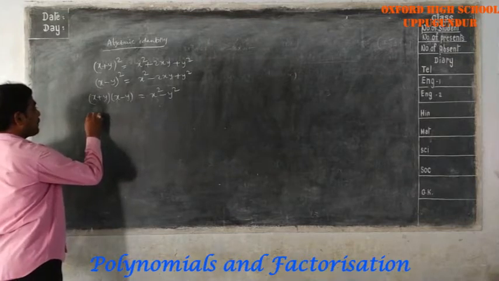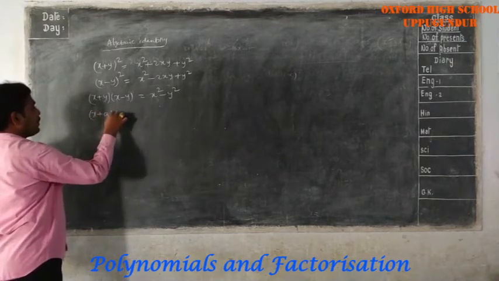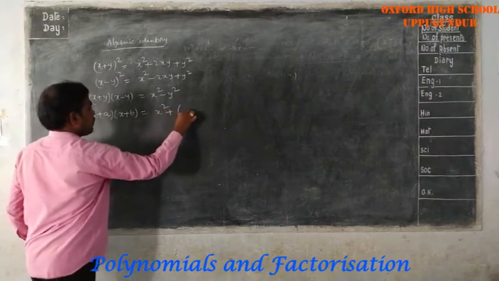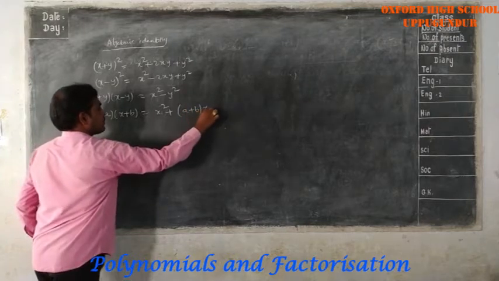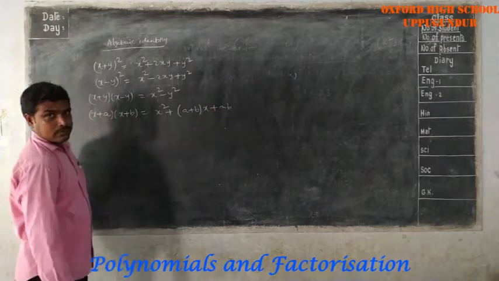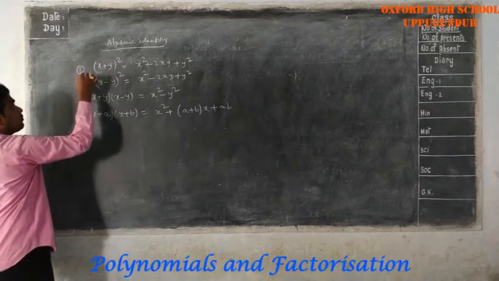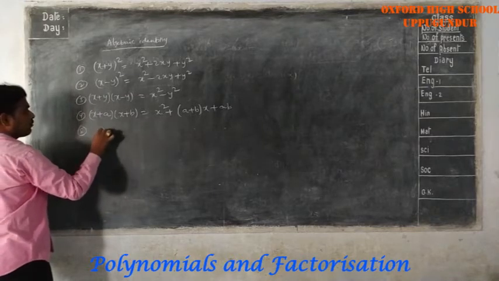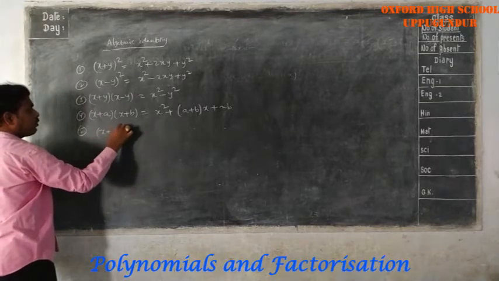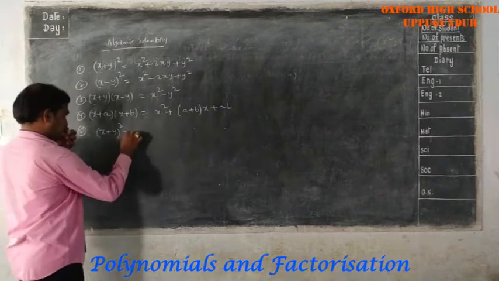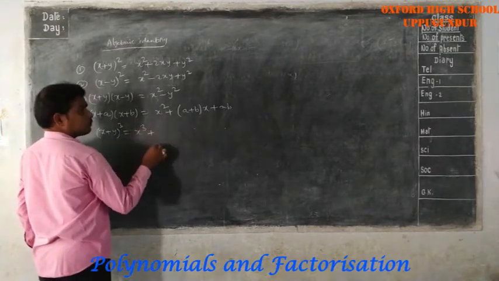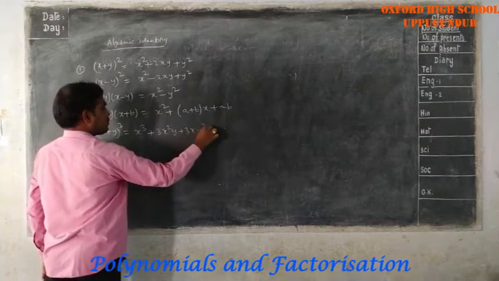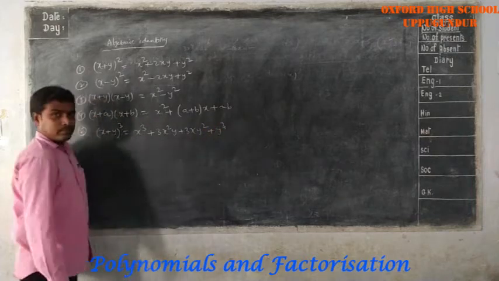Next, (x plus a) into (x plus b) equals x square plus (a plus b) of x plus ab. (x plus y) whole cube equals x cube plus 3x squared y plus 3xy squared plus y cube.